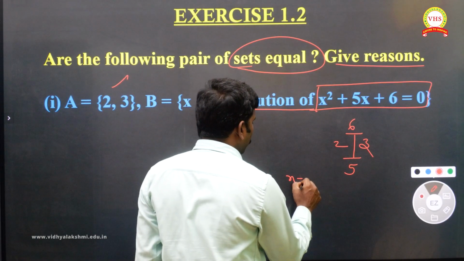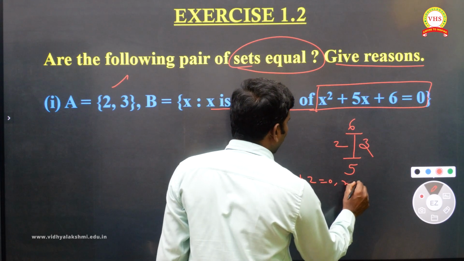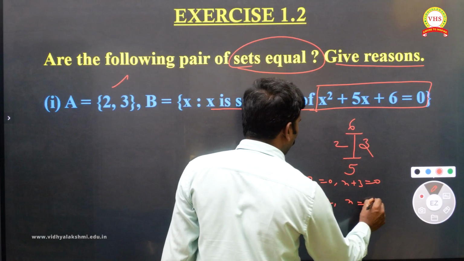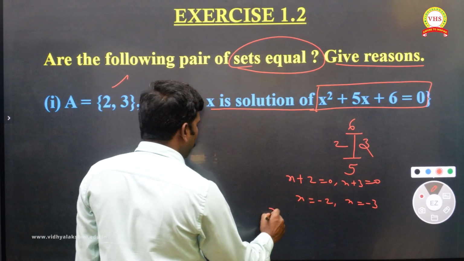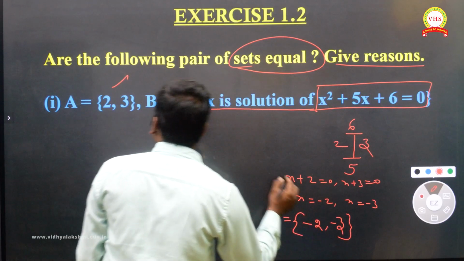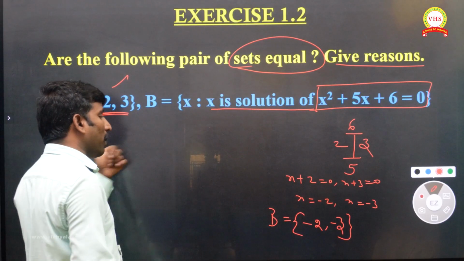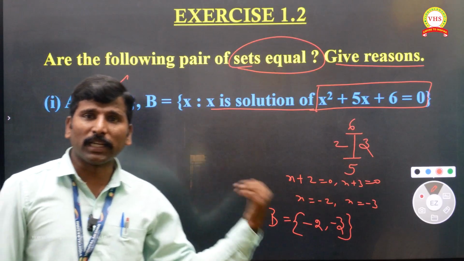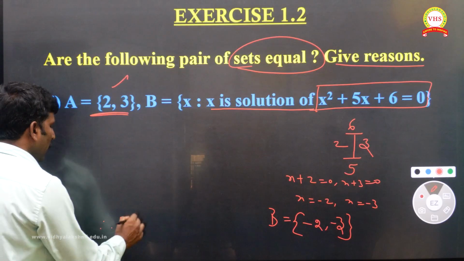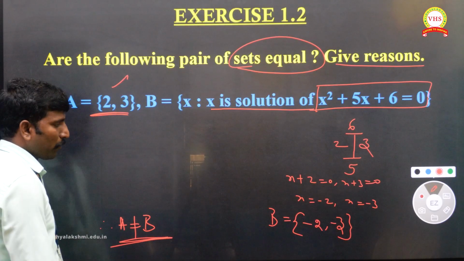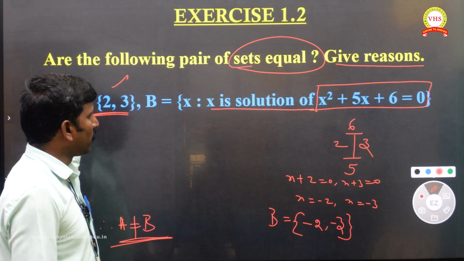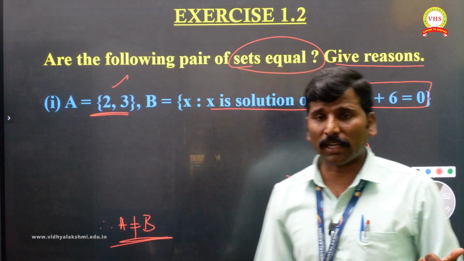So how will you get this? x plus 2 equal to 0 and x plus 3 equal to 0, and x is equal to minus 2 and x is equal to minus 3. So B is equal to, what is our set? Minus 2 comma minus 3. But A is given as plus 2 comma plus 3. Is that equal for both? Surely not. Therefore set A and B are not equal, because here we have negative terms and here we have positive terms. So this is not equal. Have you understood?